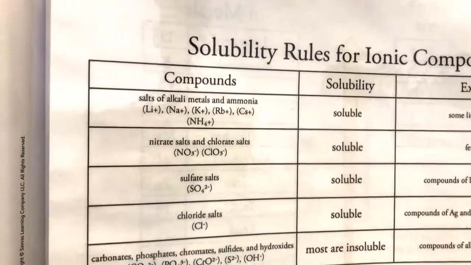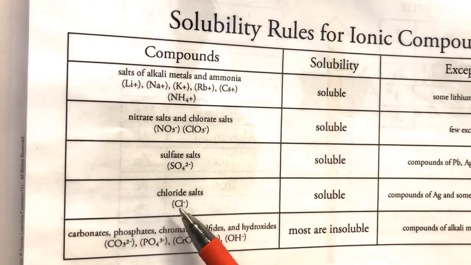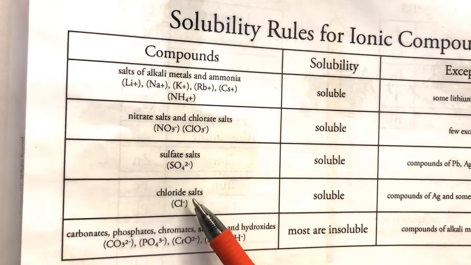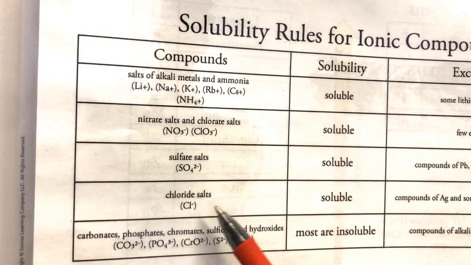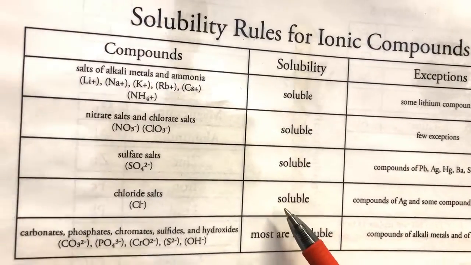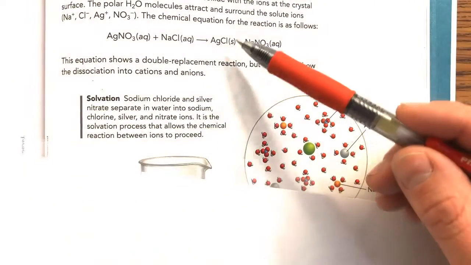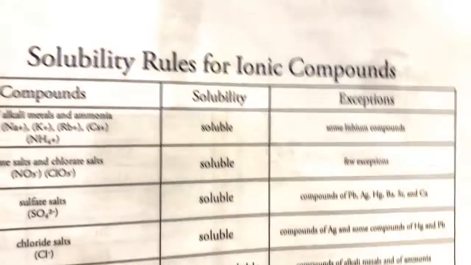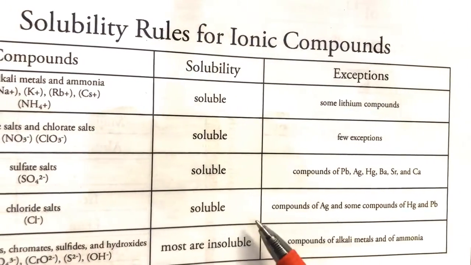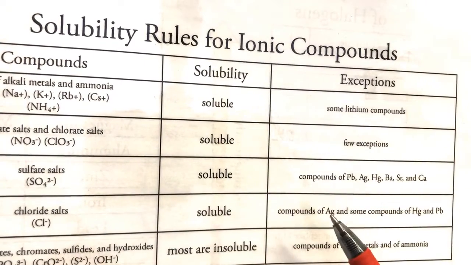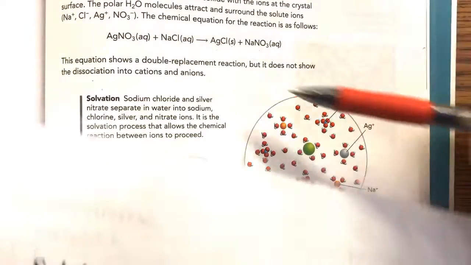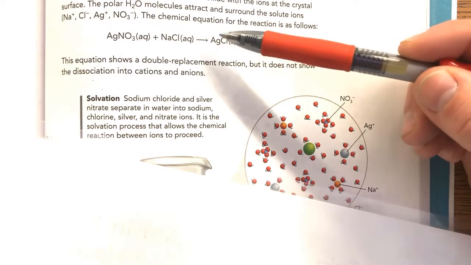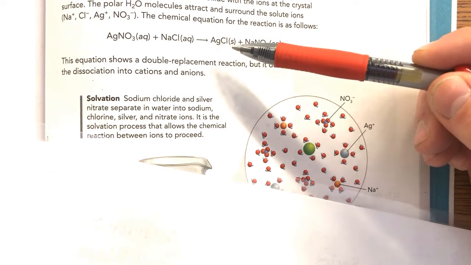The first one is silver chloride, so let's look for chlorine. There's chlorine. Chloride salts are soluble, right? But in the problem, it says it's a solid. If we look at the exceptions, it says that compounds of silver are exceptions. Silver has made a bond with chlorine, so it's going to be a solid.